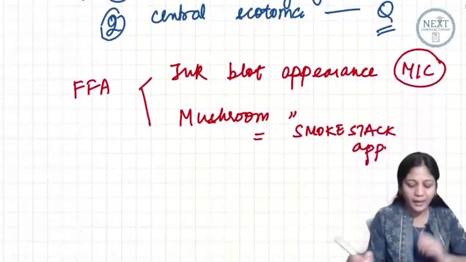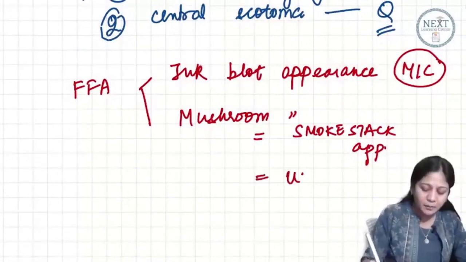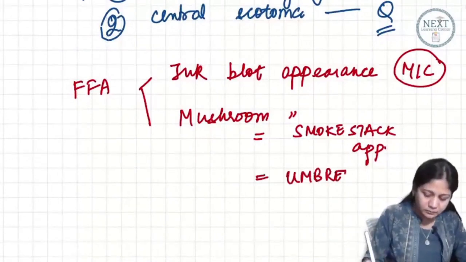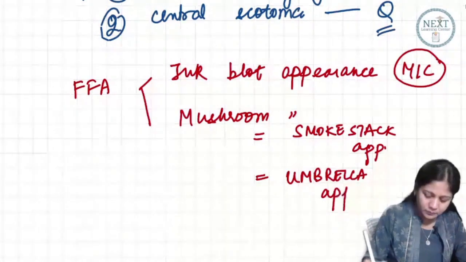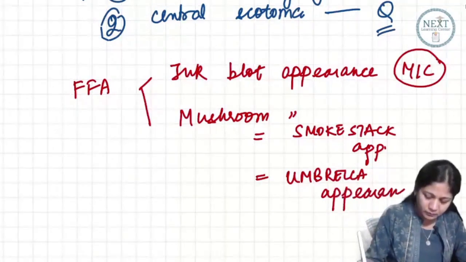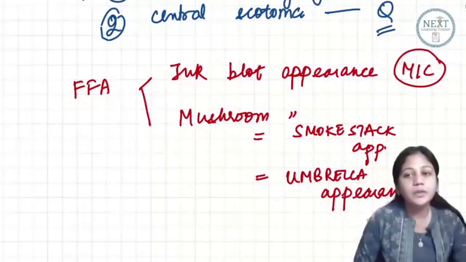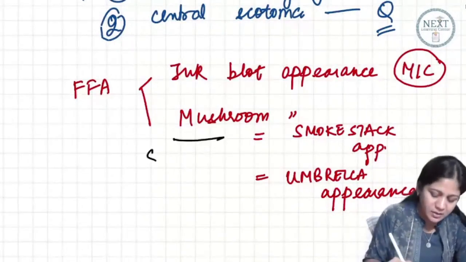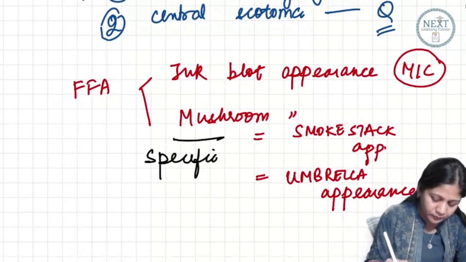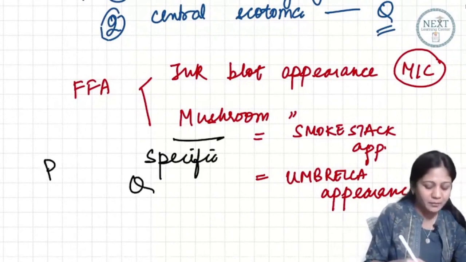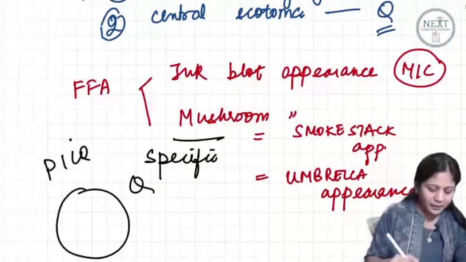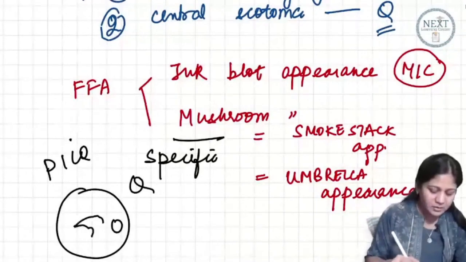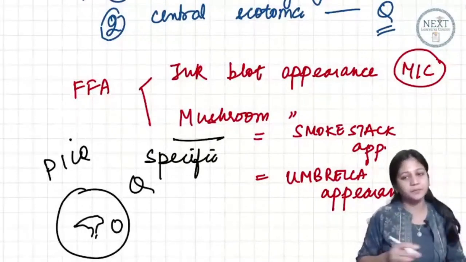Mushroom or smokestack, it is also called the umbrella appearance. ठीक है बच्चे. So which is more common? More common is ink blot. Which is more specific? This is more specific. Okay, and this can be a picture question. बहुत ही simple है ना, ये ऐसे करके मशरूम की तरह बन जाएगा या स्मोक स्टैक की तरह बन जाएगा.